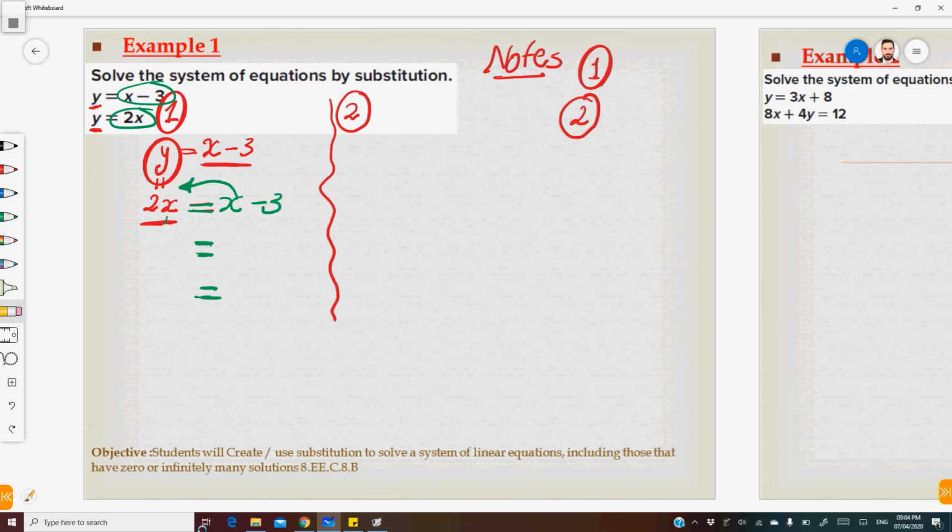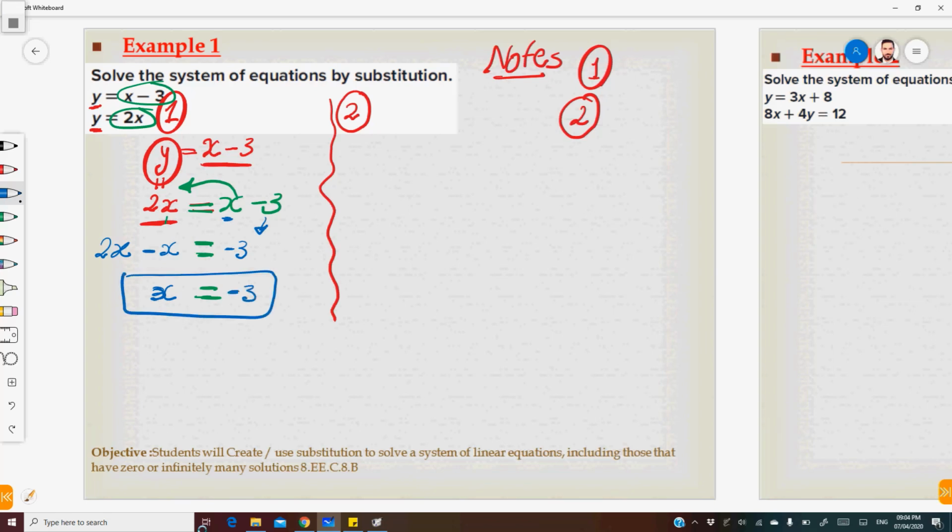Here 2x is sitting as it is, and x goes from right to left by switching the sign, and I only have to drop negative 3 here. Now the equation has become like this: 2x minus 1x. What do you think, guys? 2x minus 1x equals what? 2 minus 1. I can hear you. It's equal to 1x. Thank you for helping. And x is equal to negative 3.